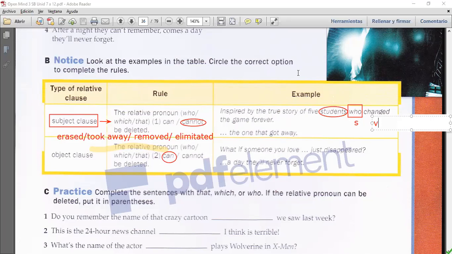Where is the clause? The clause is who changed the game forever. That is the clause. That is the subject clause.